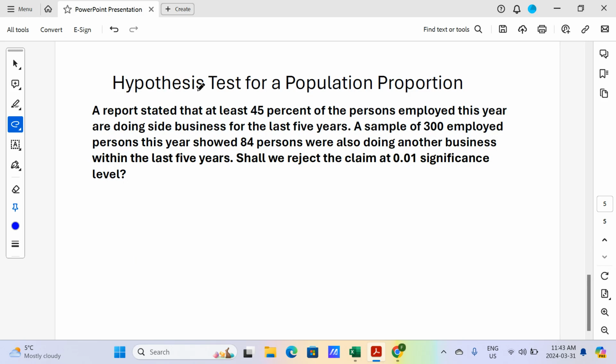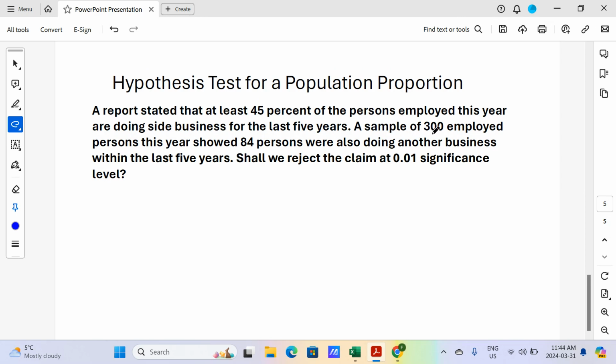Let's solve this question. I'm going to do a hypothesis testing for a population proportion, using two approaches: the hypothesis testing approach and the p-value approach. First, let's read the question. A report stated that at least 45% of the persons employed this year are doing side business for the last 5 years.